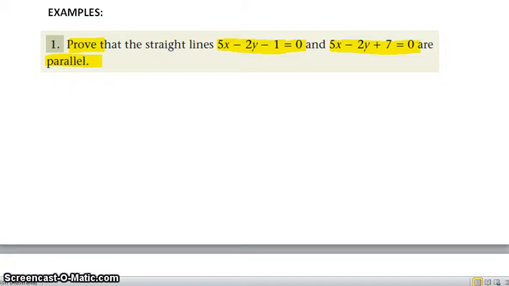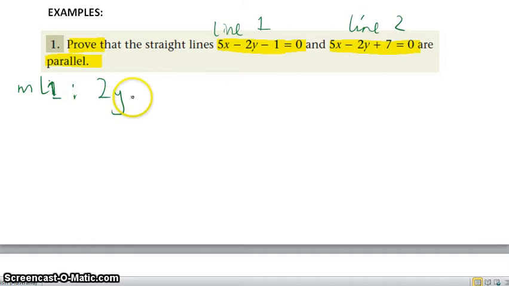I'm going to call this line 1 and this line 2. To get the gradient of line 1, I need to rearrange it into gradient-intercept form, y equals mx plus b.